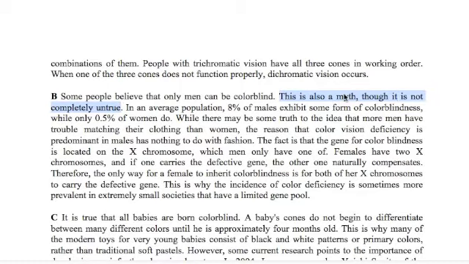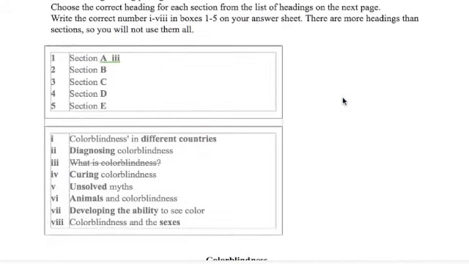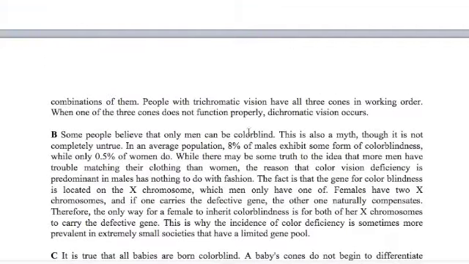So we have the word myth here, but be careful, okay? We have men colorblind, myth. We go up here, we have myth, okay? But this is unsolved myths, myths that we still think are true, okay? And we have men. Is there men anywhere in here? Absolutely, sexes. Not really sure, so maybe I'll read one more sentence.